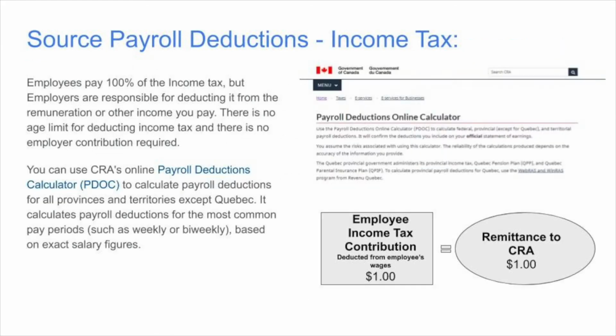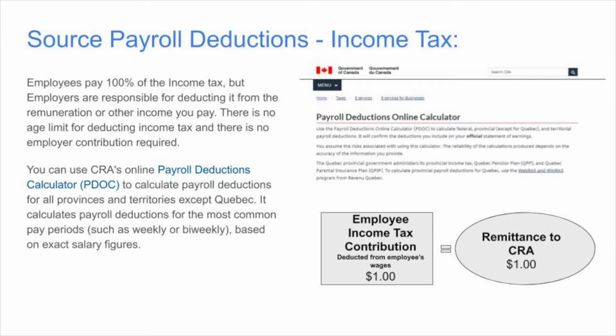That's the first one. The next one deals with provincial and federal income tax. The federal government collects taxes on behalf of the province and on behalf of themselves. What you do as an employer is you figure out each of your employees, and there is a method there, and I'll show you the website now.